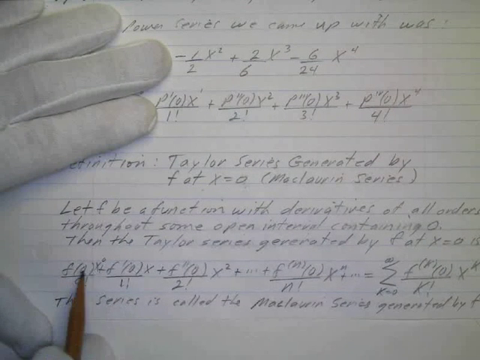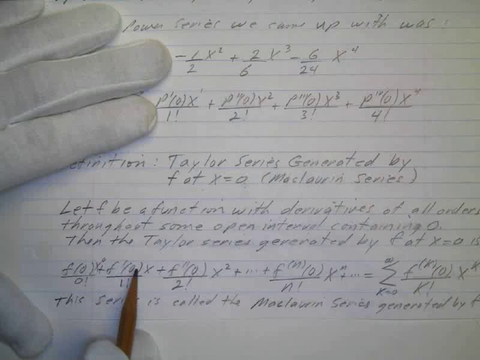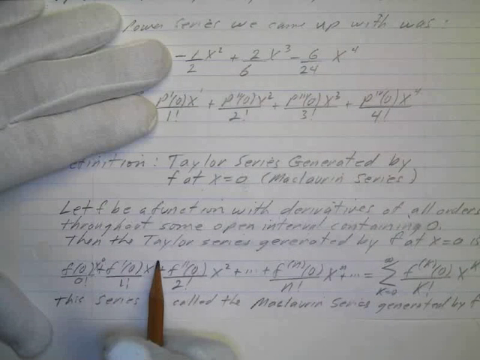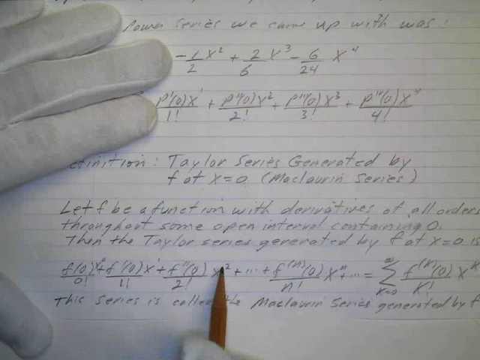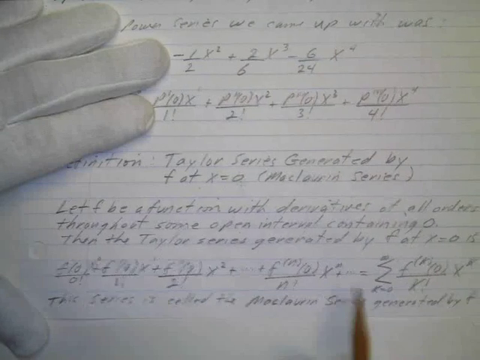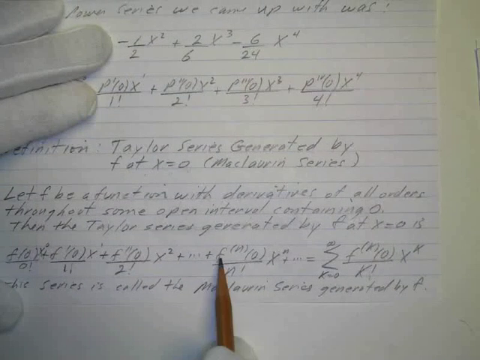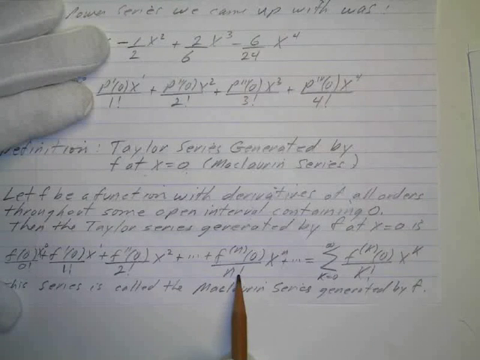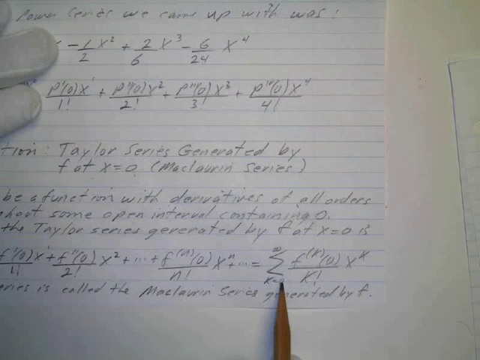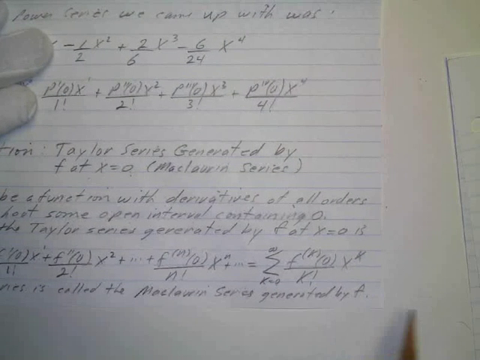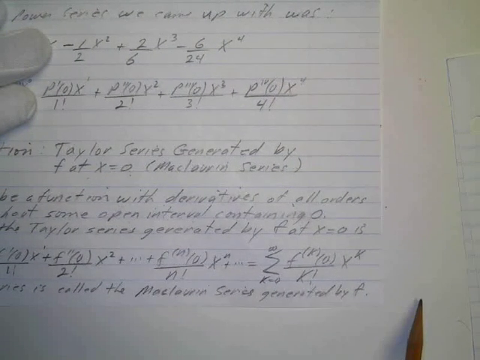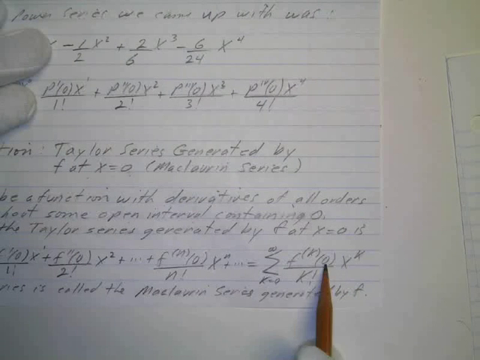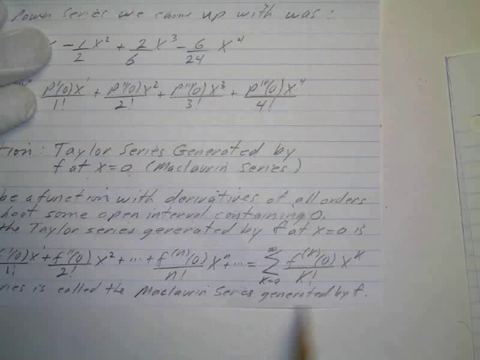And you can see 0, 0, 0, 1, 1, 1, x to the first, 2, 2, 2, etc. And then we end up with the nth derivative of f evaluated at 0, x to the n over n factorial. And then we could write this as a summation where k goes from 0 to infinity, and this is your Taylor series. Centered at 0, which is called the Maclaurin series generated by f.